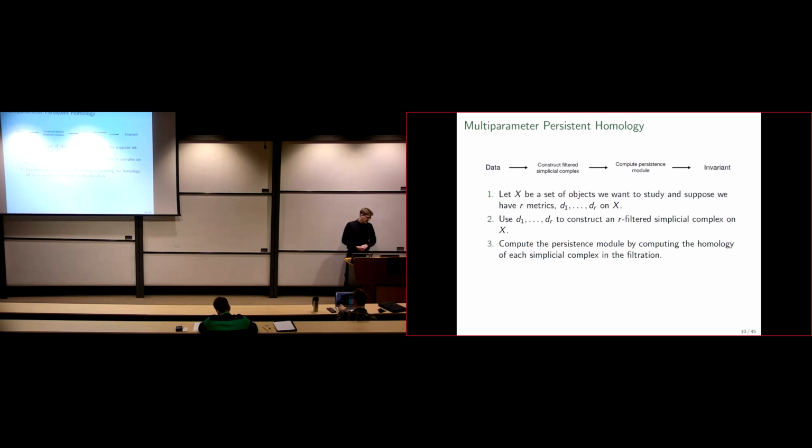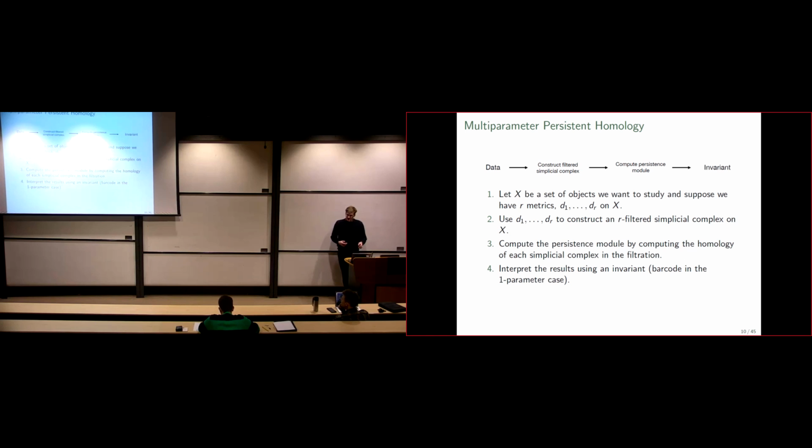We compute the persistence module, this algebraic object that I will tell you about, by computing, just as in one-parameter persistence, the homology of each simplicial complex in this multi-filtration. And then after we have collected our homological information of each simplicial complex in this filtration, we want to extract some information out of this.